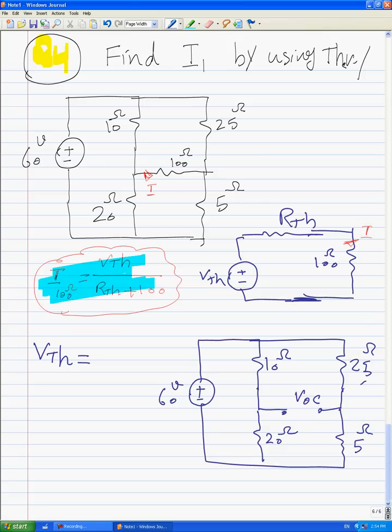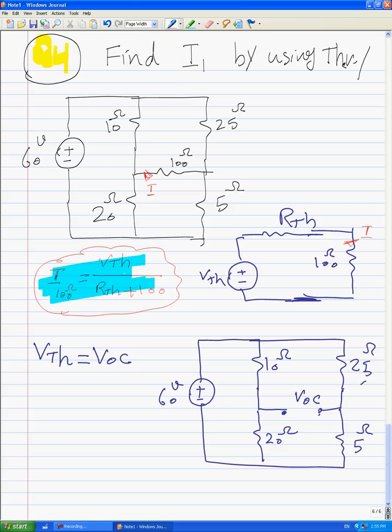Once again, important key, because we want to find out the equivalent Thevenin circuit across 100 ohms, we should change 100 ohms to an open circuit like this, and after that calculate the open circuit voltage or Thevenin voltage.